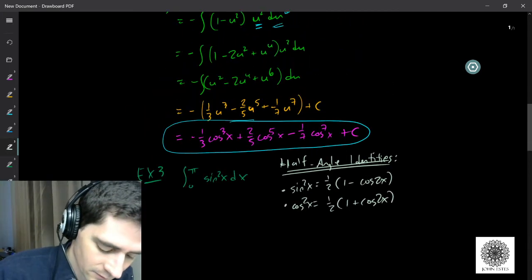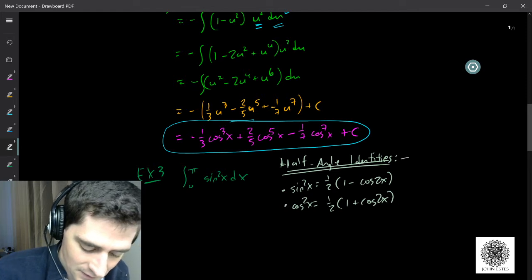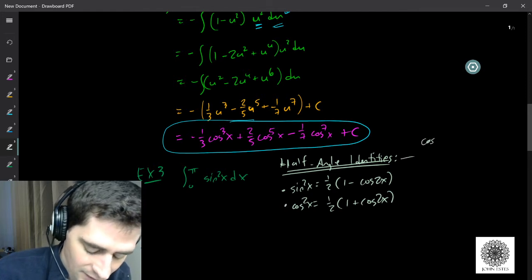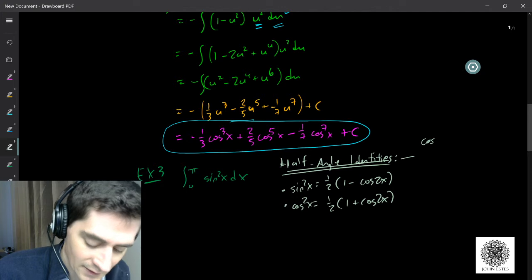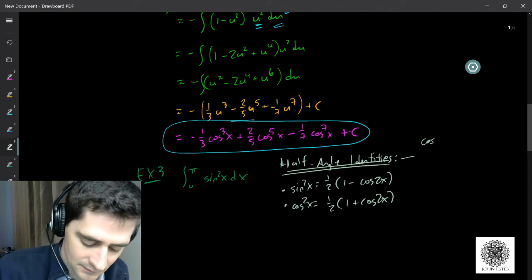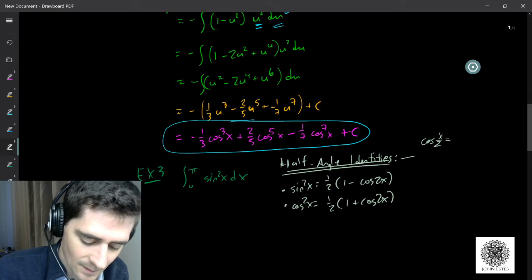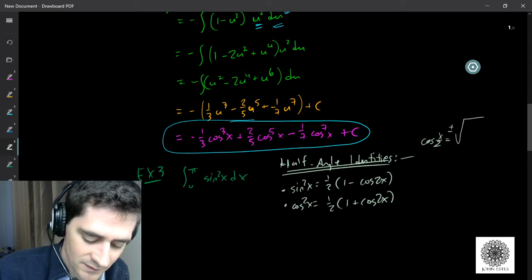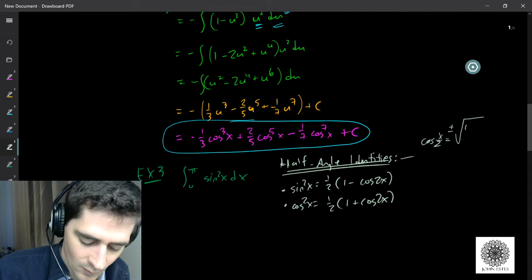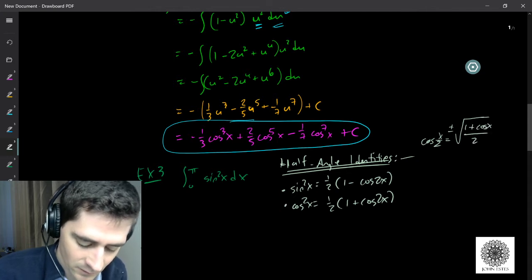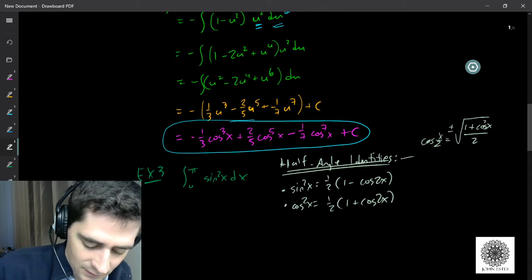So in trig, you learn that cosine of 1/2 x equals the square root, it could be plus or minus depending on where you are, of (1 plus cosine x) over 2.